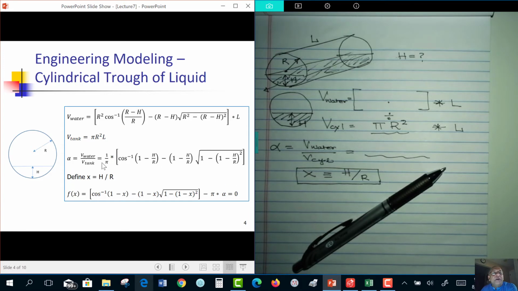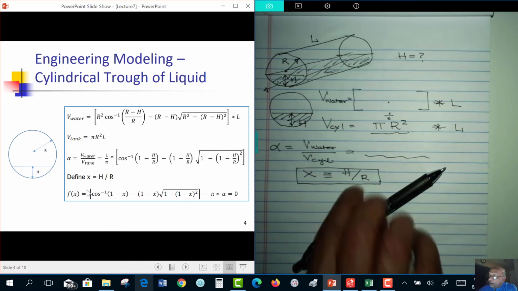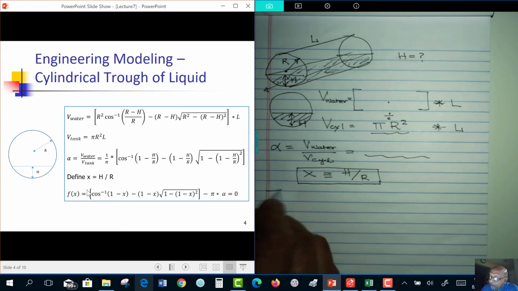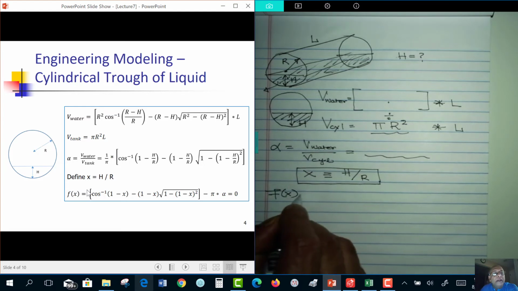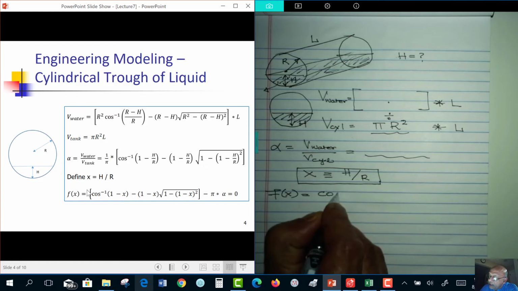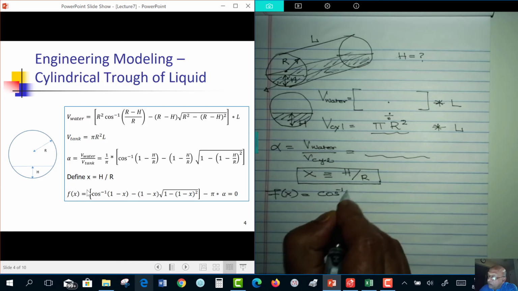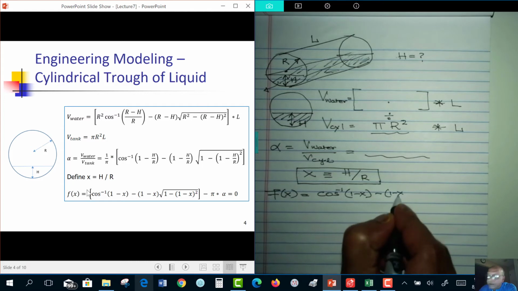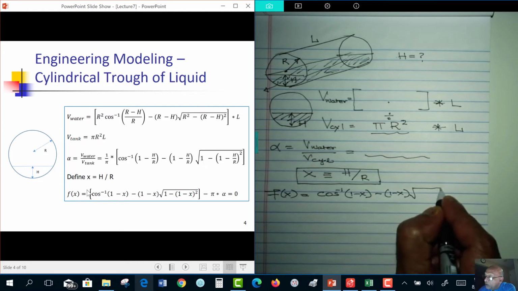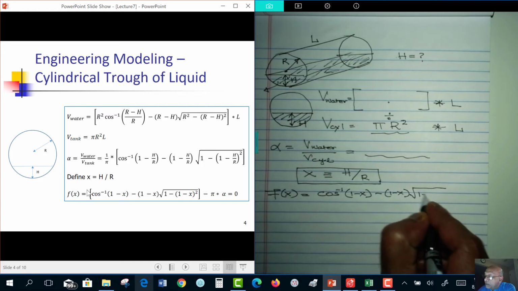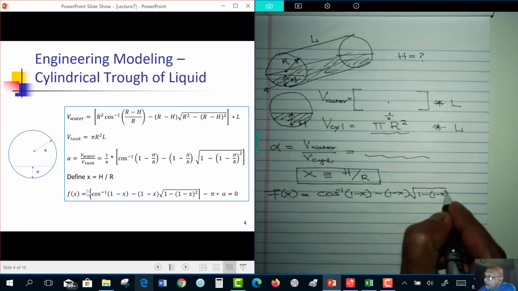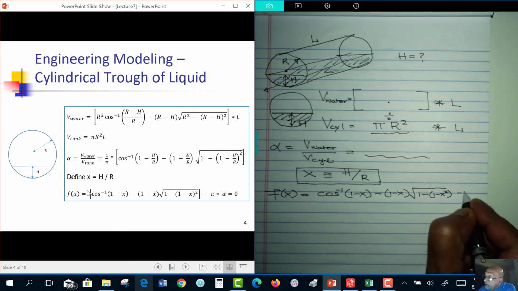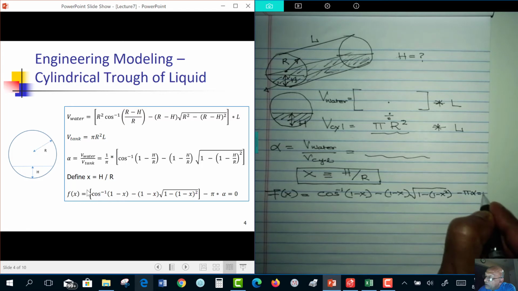So if we take pi to this side, we'll get pi times alpha, and we subtract pi alpha from both sides. So we'll have our equation f of x is cosine inverse of 1 minus x, minus (1 minus x) times the square root of 1 minus (1 minus x) square, minus pi alpha is 0.